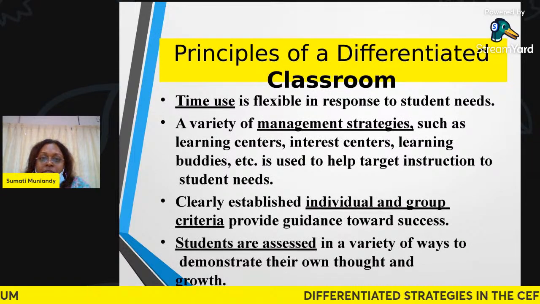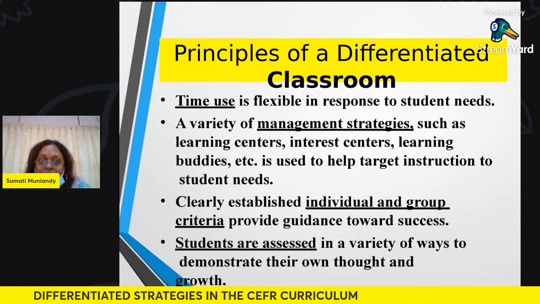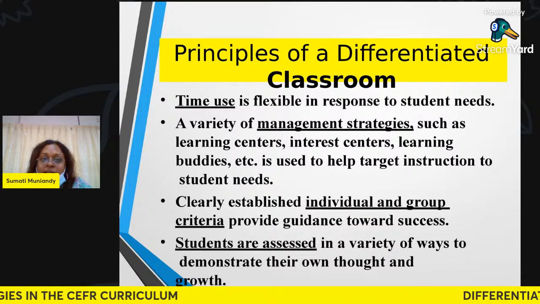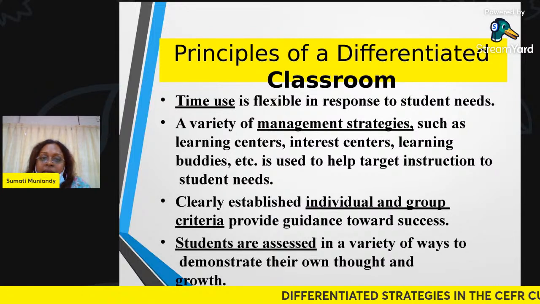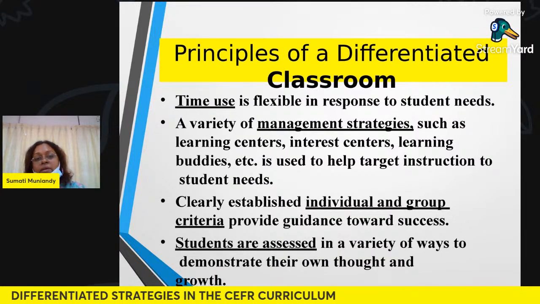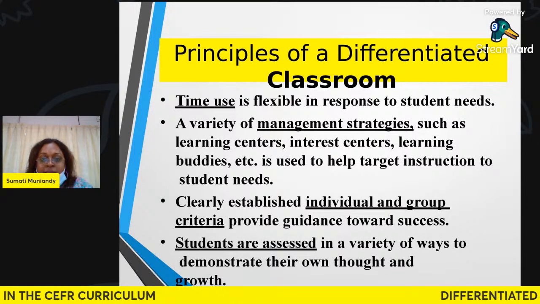Principles of a differentiated classroom: time used is flexible in response to students' needs. A variety of management strategies such as learning centers, interest centers, and learning buddies help target instruction to students' needs. And then you must have established individual and group criteria.